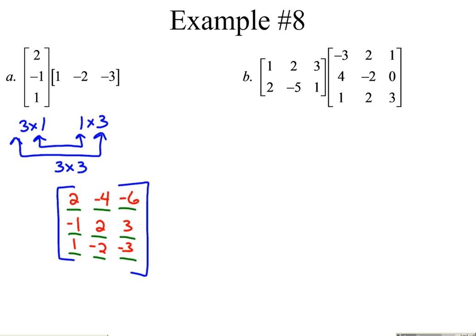Letter B, we have a 2 by 3 matrix and a 3 by 3 matrix. Middle numbers match. Outside product, 2 by 3.